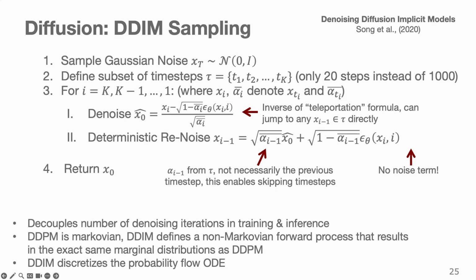So for example, jumping from T=100 to 80. And the key thing here is what is actually missing. In DDIM, we don't have a noise term. So unlike DDPM, which adds this noise term back at every step to keep things stochastic, DDIM is deterministic. And so this allows us to use much fewer denoising steps at inference time to produce a clean image or a robot action.